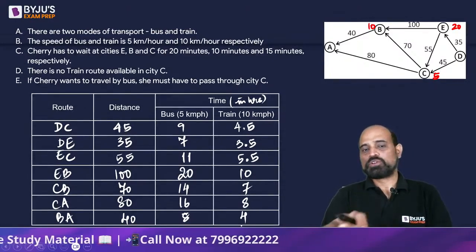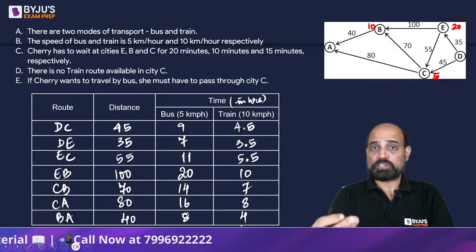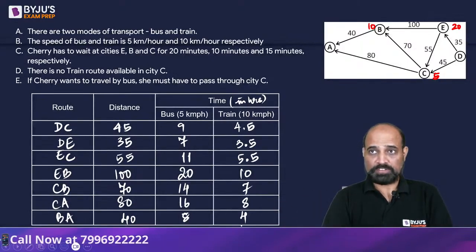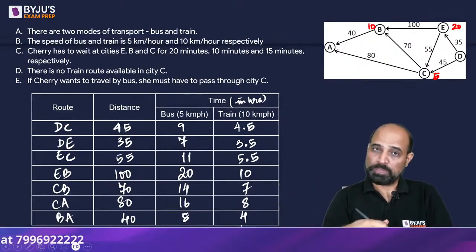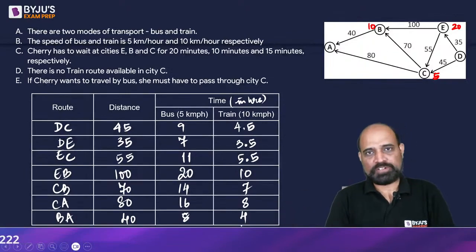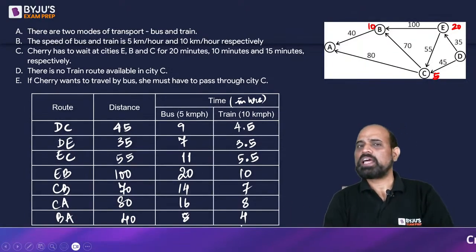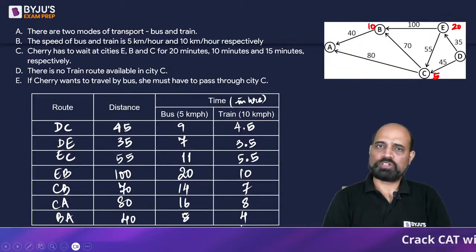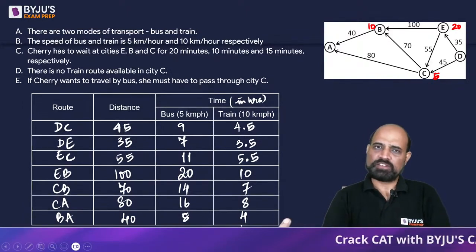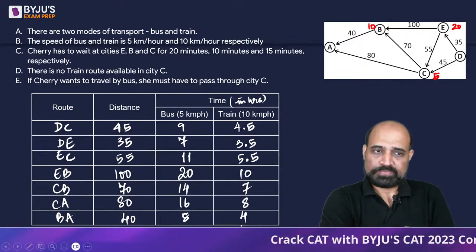So having known this, this table is not necessary because the division that we had to do, distance upon speed for each bus and train, was not that calculative. But looking at this, we'll have a very good idea as to which all things are needed to be added and so on.